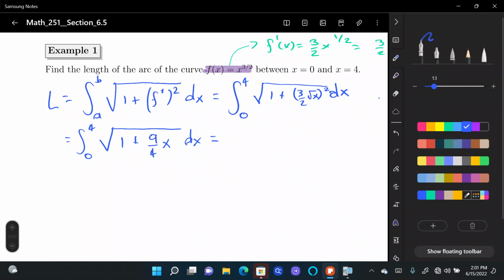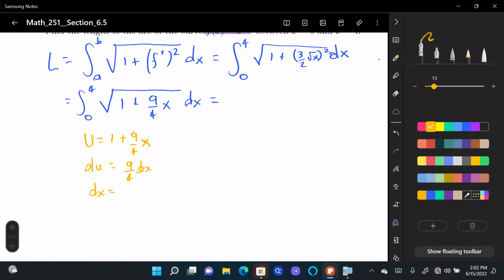Use substitution where our u equals the quantity inside of the parentheses. du equals 9/4 x dx, and of course, oh wait, no, it's just 9/4 dx. And dx equals 4/9 du. Alright?